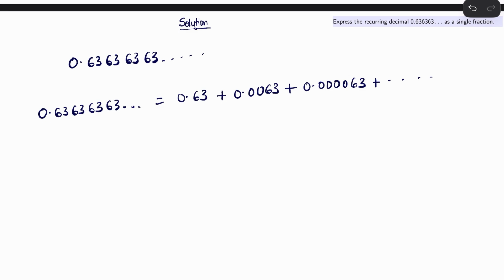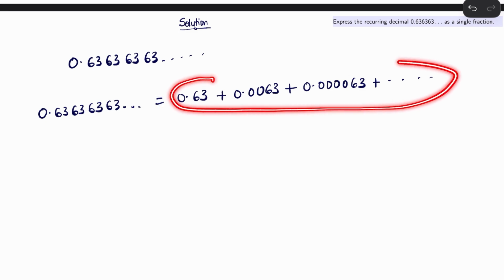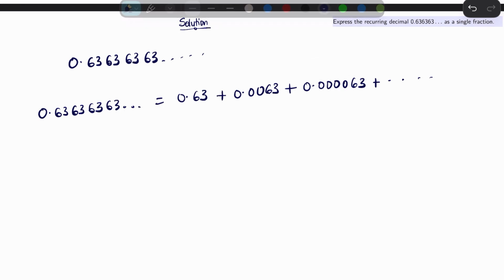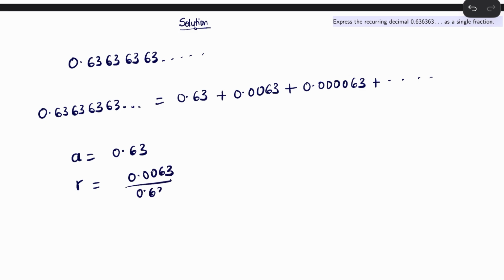And so here, the right hand side now becomes a geometric series, of which the first term a is 0.63 and the common ratio is the second term divided by the first term, right? So that's going to give us 0.01. So we can now find the sum to infinity, since the common ratio is less than 1.